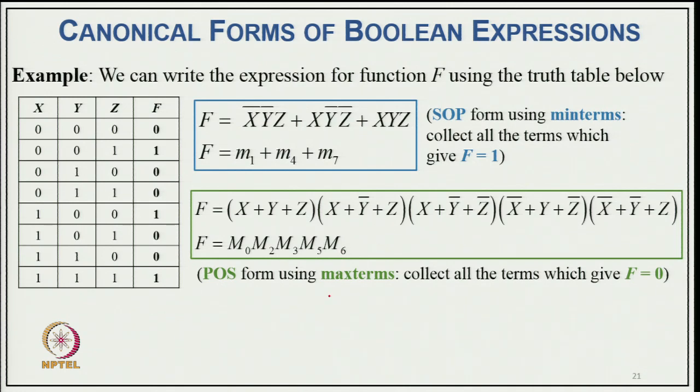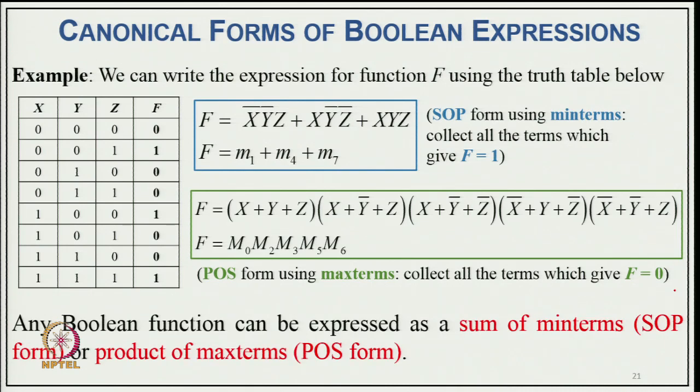We call it the product of sums, because these are different sums and this is the product. Typically this expression we write as a product and this we write as a sum. So, we call it product of sums using max terms, collecting all terms which have f equal to 0.